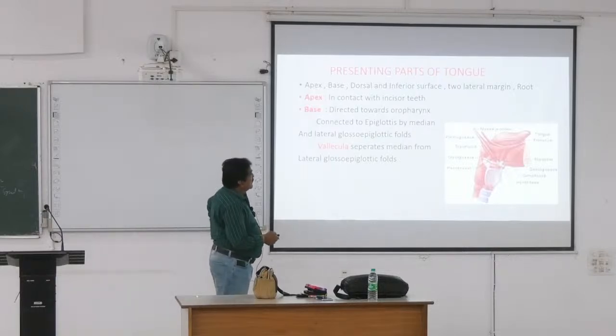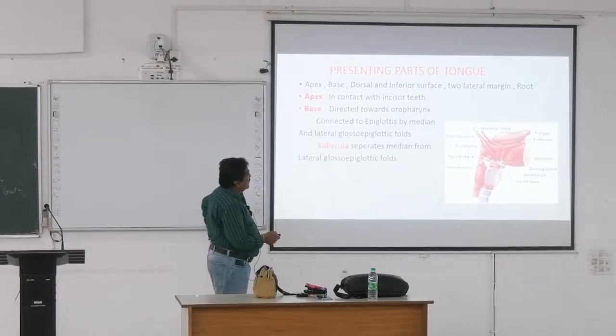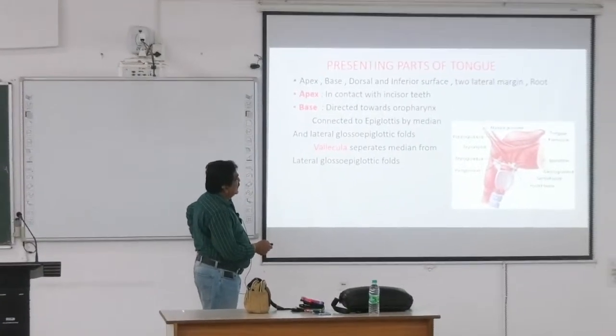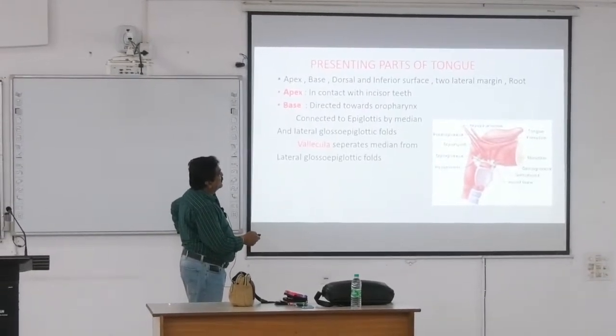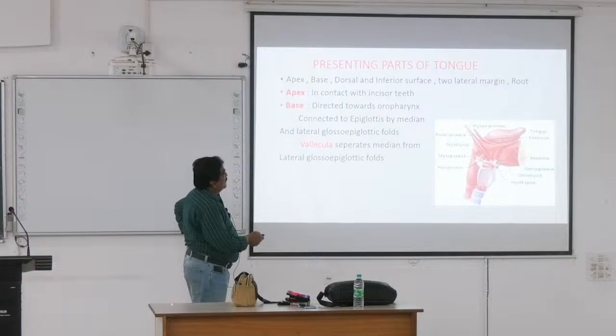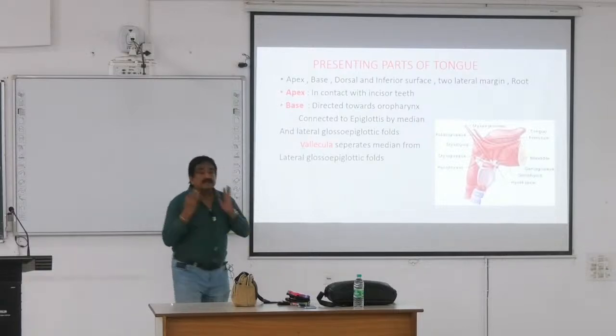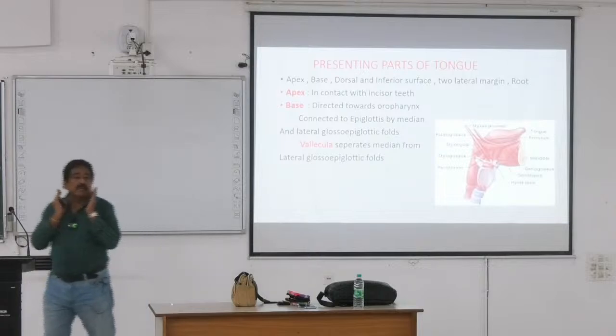Now, part of the mandible has been removed to depict the floor, the tongue as a whole. This is the posterior, this is the apex, and the different types of muscles of the head and neck region.